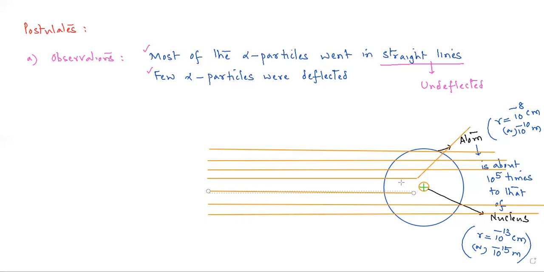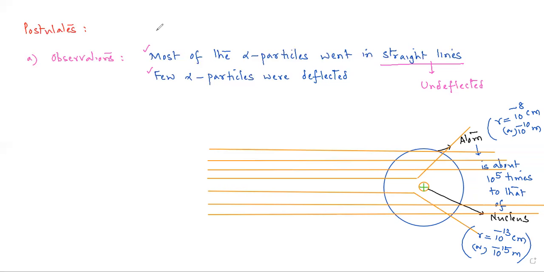Yes, even this also gets deflected because it is going much closer. See, the deflection is because alpha particles are positively charged. Even the nucleus is positively charged. Yes, of course. Rutherford proposed that there is a nucleus at the center of the atom, located in a small portion.